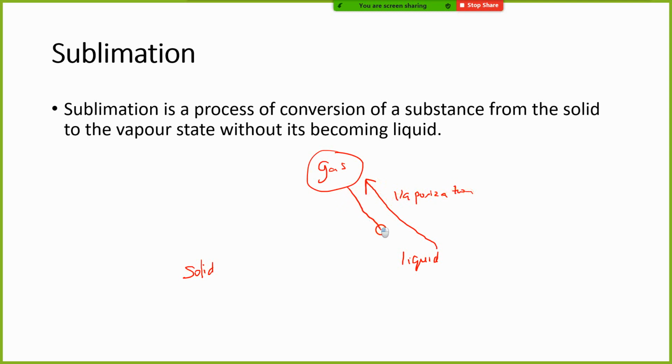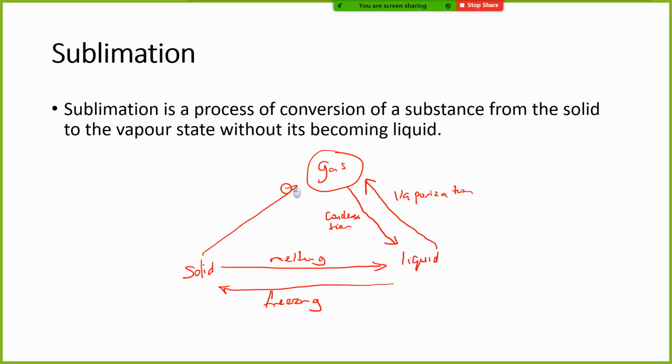From gas to liquid, we call that condensation. From a solid to a liquid, that's melting. From liquid to solid, that's freezing. Then from solid straight to a gas, that is sublimation.